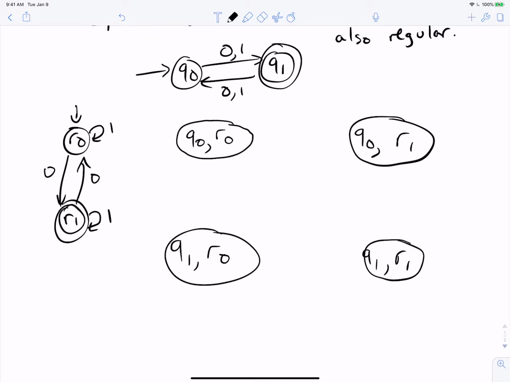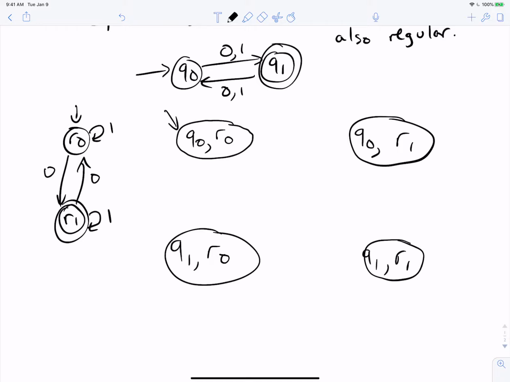Q0, R0, because that's where both of the original machines started. So I'm going to make that the start state. I actually flip-flopped the order of the states that I wanted to do, but let's just go with this anyway. Q0, R0.